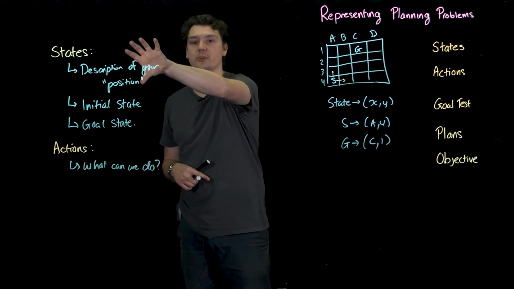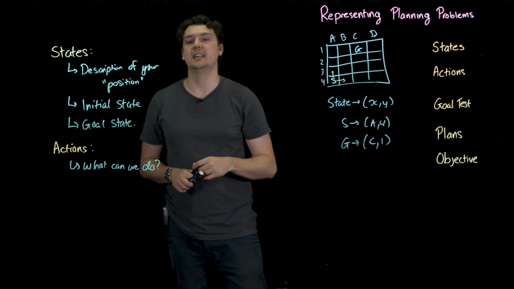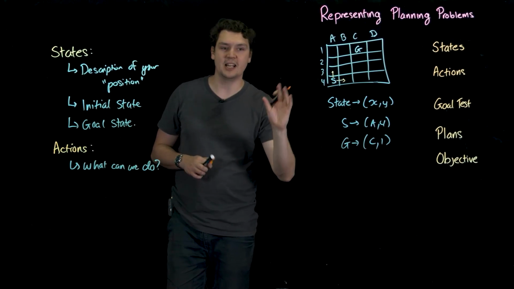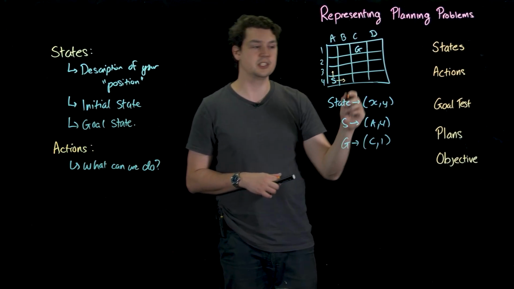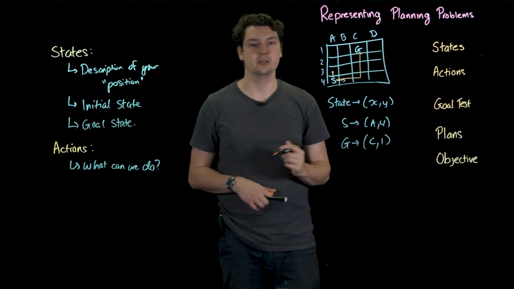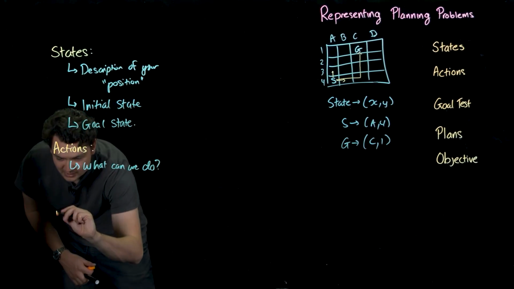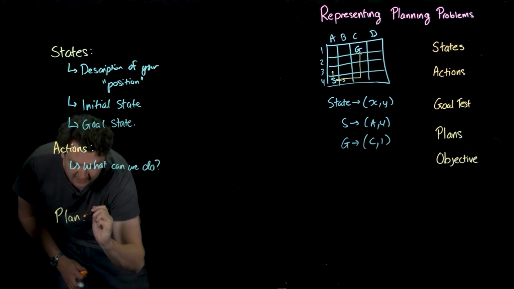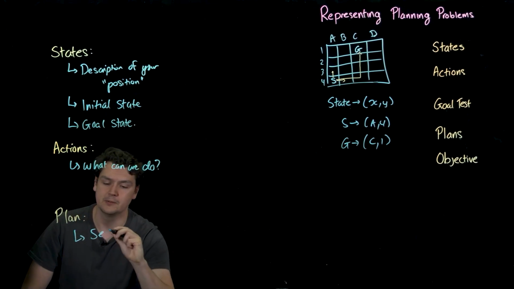Actions will transform you from one state to another. And then we'll skip slightly ahead here, and what we're trying to look for in the end is, of course, a full plan, a full path from our start to the goal. Now, your plan is going to be composed of a sequence of actions.